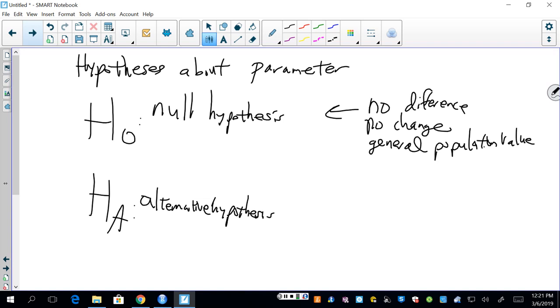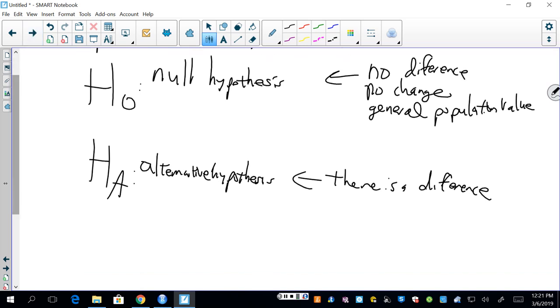The alternative is often a claim that there is some difference, that the parameter is really bigger than that, or less than that, or just different than the null value. There is a change, and there's a claim that there's possibly a benefit or a harm relative to the null. So this could be related to harm or benefit from a treatment.